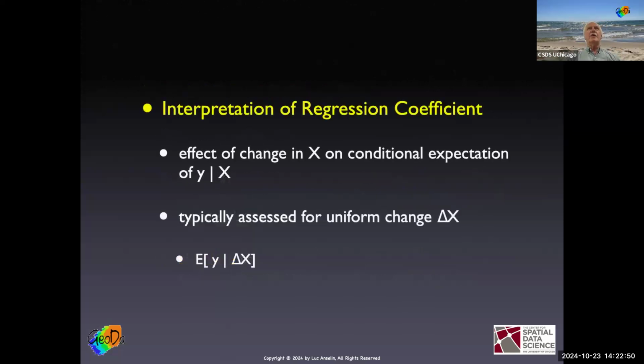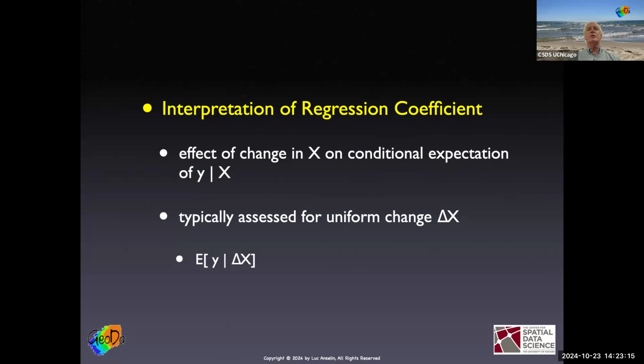Okay, as we saw the first time, regression coefficients in a linear model are very easy to interpret. It is on average what happens to the dependent variable. So if you have crime as a function of unemployment, if your unemployment level changes, what does that do on average to crime?